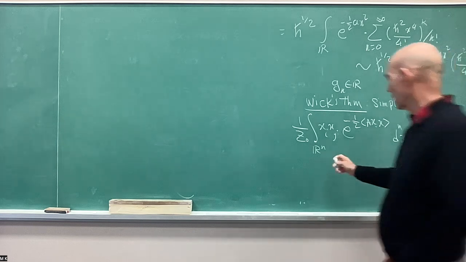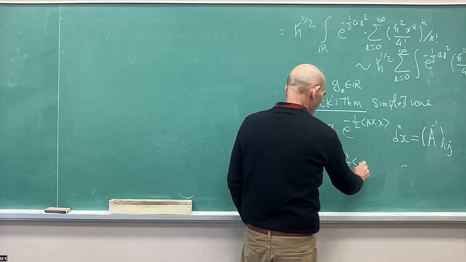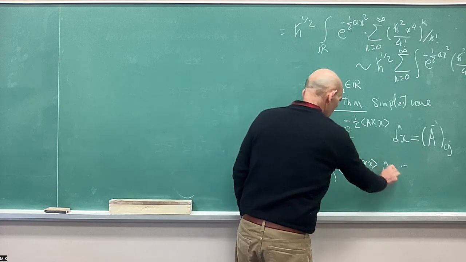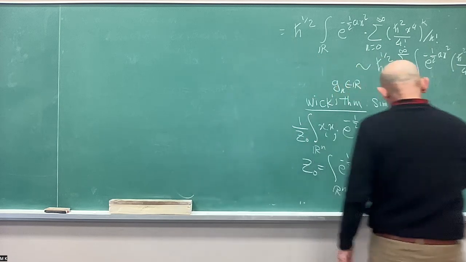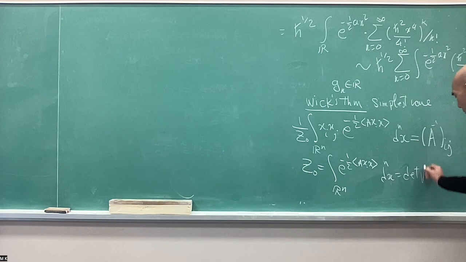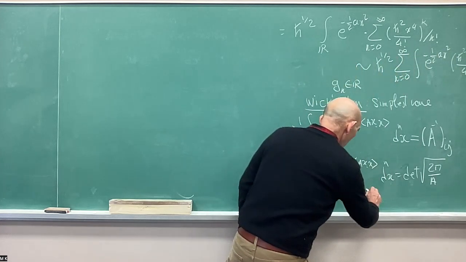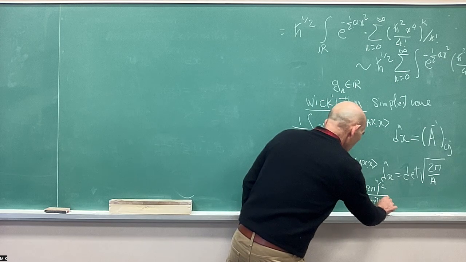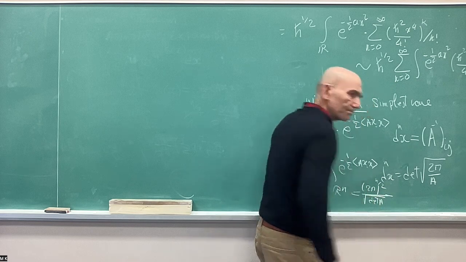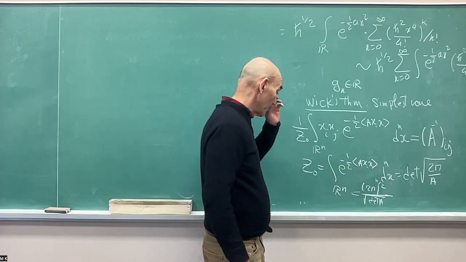Here Z0 is the integral over R^n of exponential of minus 1/2 (Ax, x) dx. But this Gaussian, we know what it is. It is equal to 2 pi to the power n over 2 divided by the square root of the determinant of A. This is the normalization, or partition function, for the theory.